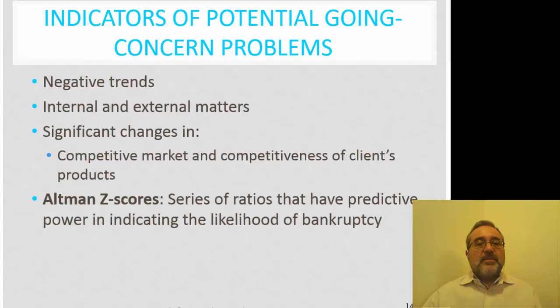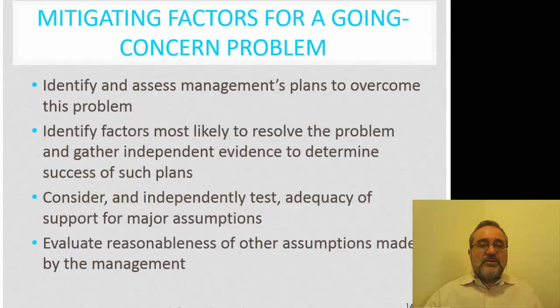We're considering the competitiveness of the market. And then we have this thing that we call the Altman Z-score. It's beyond the scope of this course to talk about the Altman Z-score from the perspective of a going concern, but it's an interesting ratio, and it basically has a predictive power related to the likelihood of bankruptcy.